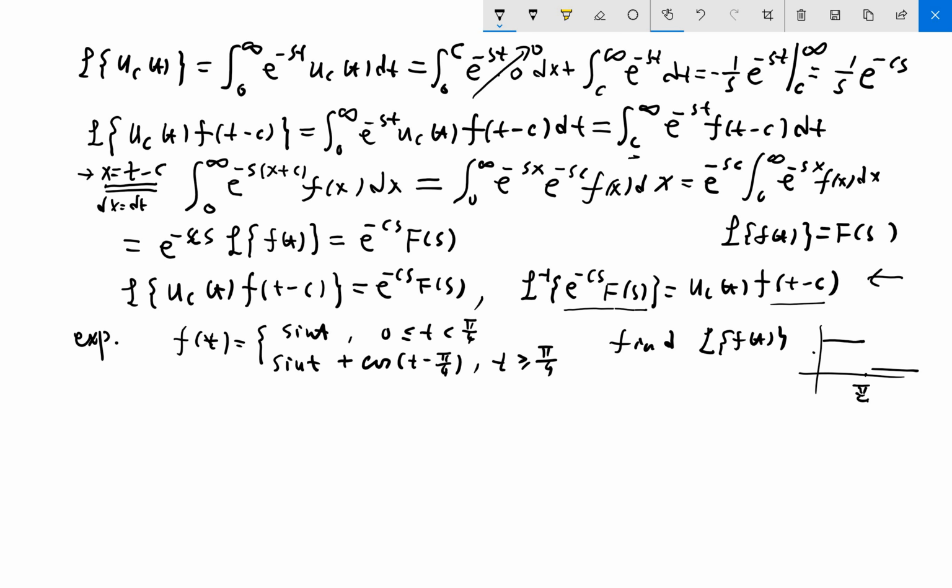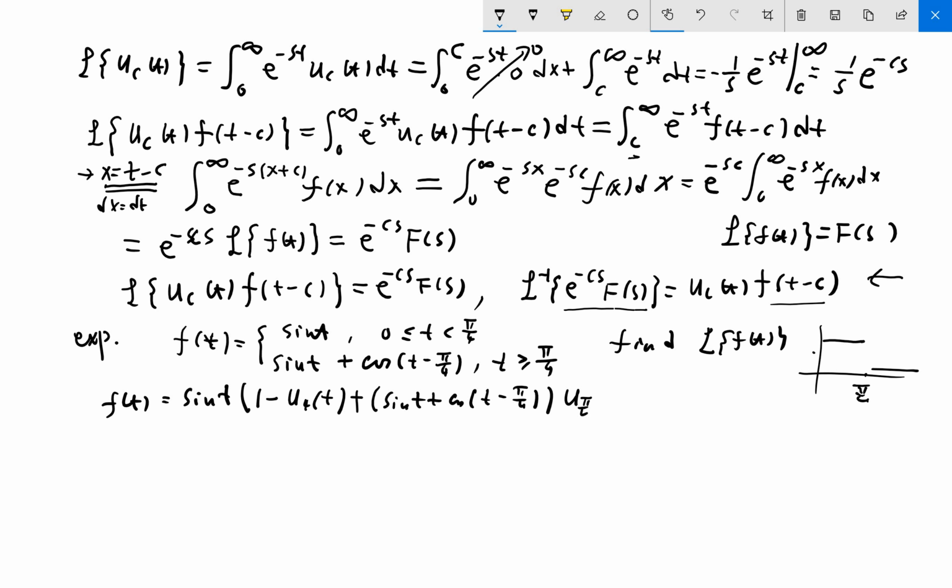So this one equals sine t when t is bigger than 0 and less than pi over 4. You want something that equals 1 here and equal to 0 there. So f(t) can be written as sine t times something that gives you 1 for t between 0 and pi over 4. Then you have sine t plus cosine of (t minus pi over 4), and you want to multiply by something that is equal to 1 for t bigger than pi over 4 and equal to 0 for t less than pi over 4.